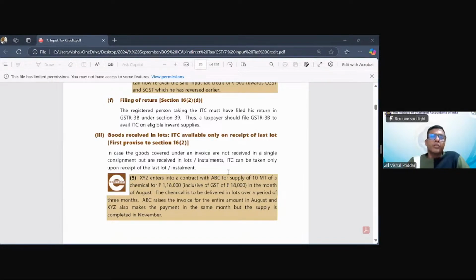So that is why this law is created. When the invoice is one, you will get the credit when you receive all the lots of that one invoice. So in my example, since the last 2 trucks reach you in January, you will be eligible to take the entire credit of the entire consignment only in the month of January.